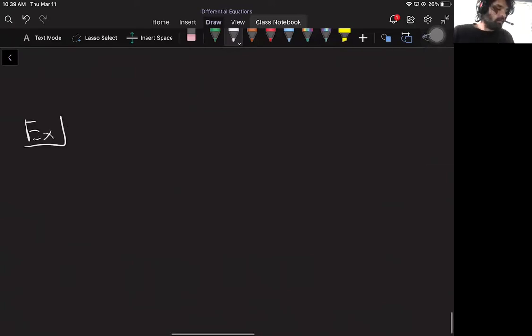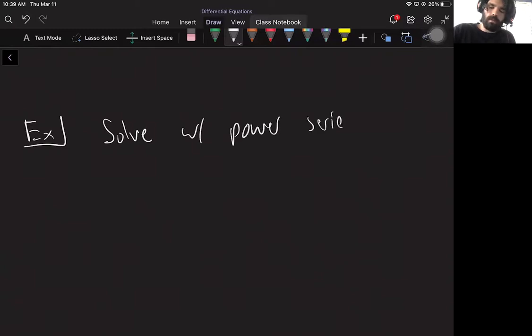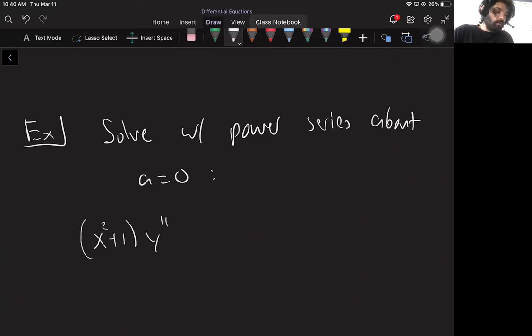Lots of different things could happen. So let's solve with the power series solution about 0 again. So here's a totally different one. X squared plus 1, y double prime, minus 4x y prime, plus 6y equals 0.